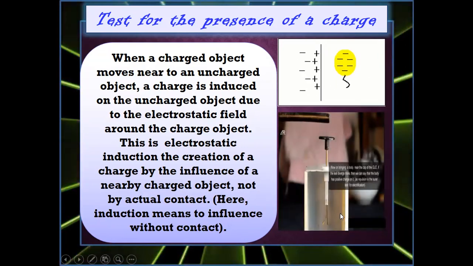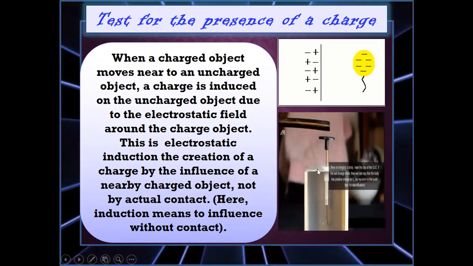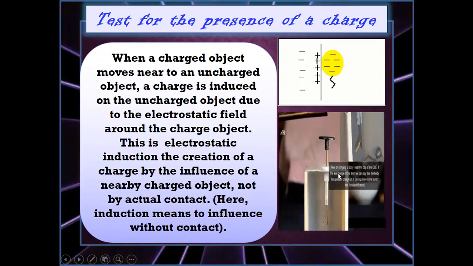So, what is the instrument about, students? A gold leaf electroscope consists of two gold foil leaves attached to a metal ball by a rod. These are enclosed in a glass case.